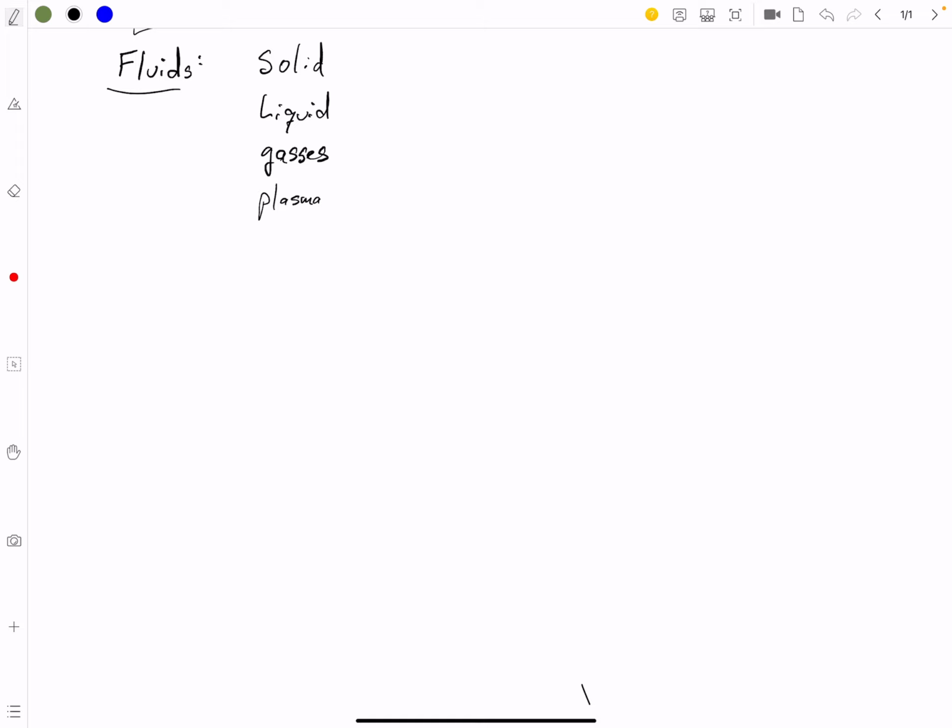We're not talking about plasmas, so don't worry about plasmas. Gases and liquids, we are considering both as fluids. So solids are out. We're not doing solids anymore, so just liquids and gases. Those are our fluids.